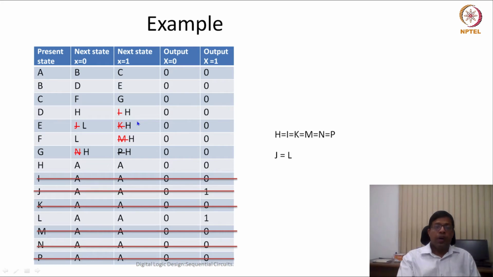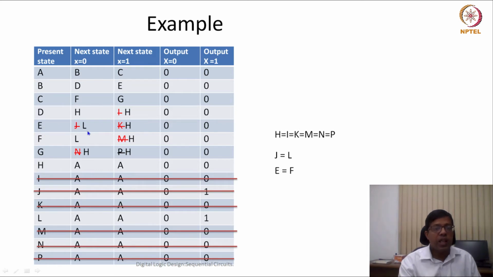Now if I look further, then it appears like this. These two rows, E and F, are also the same.